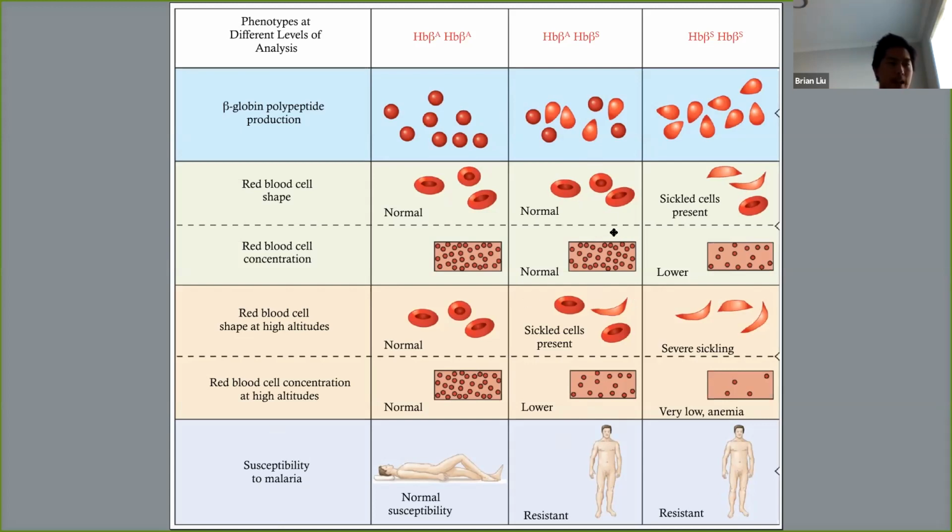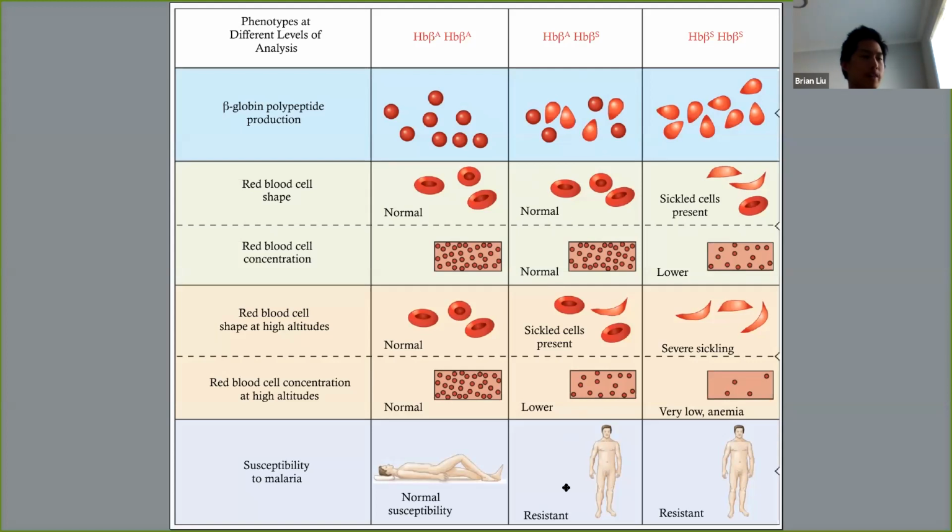So if you have this type of beta globin polypeptide production, then you're in a way resistant to malaria. People with sickle cell disease are resistant to malaria, but they have sickle cell anemia. If you have one of each allele, which is called heterozygous, then you're resistant to malaria, but your blood cell shape is normal.